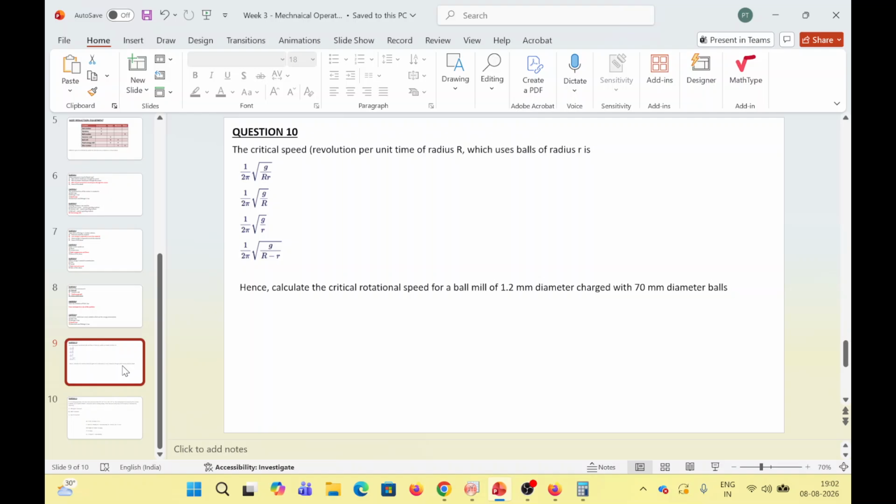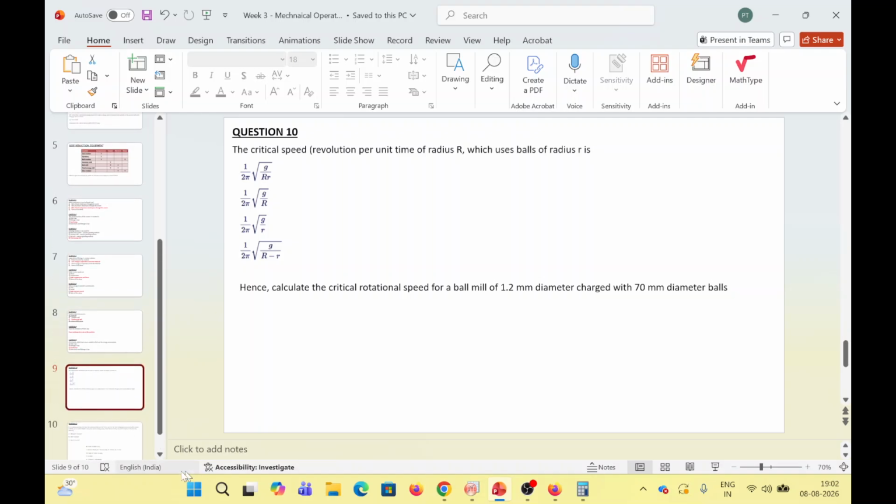Critical speed of revolution. It's going to be option C.